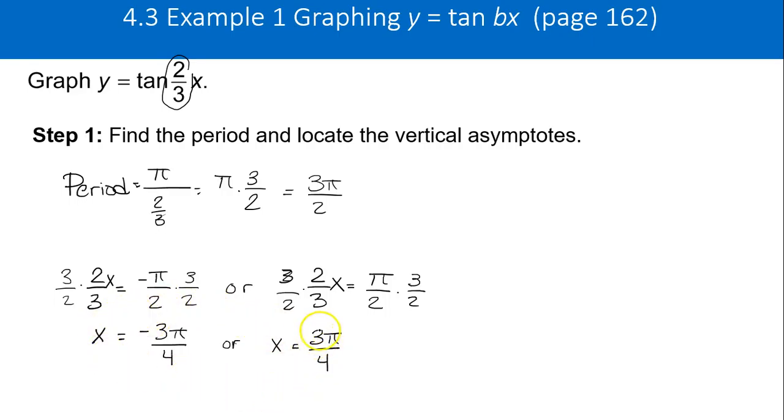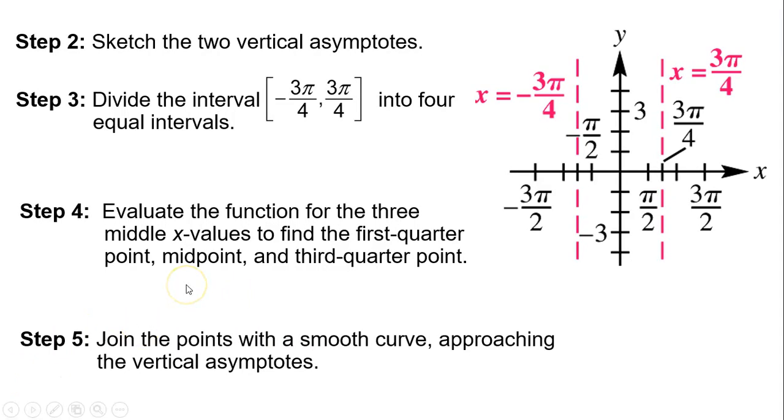So this right here is your full period for this tangent function. This is going to graph one full period. This is one of your vertical asymptotes that you will show on a graph with a dotted line, and this is another one. Okay. All right, so I went ahead and copy and pasted my graph in here with the vertical asymptotes drawn in already.